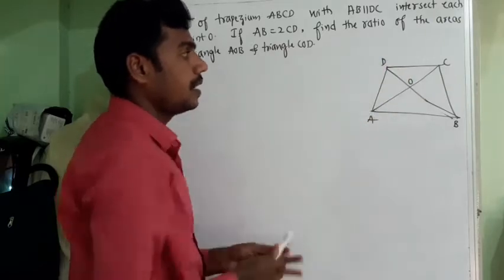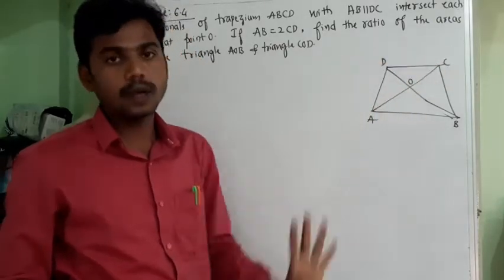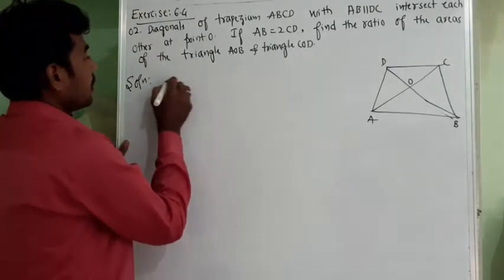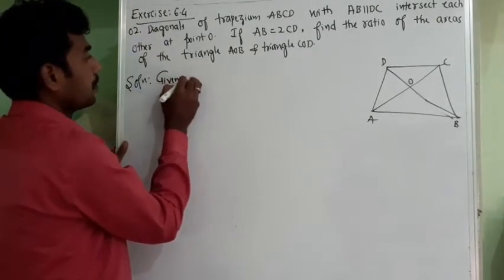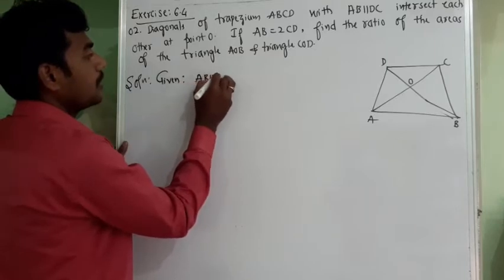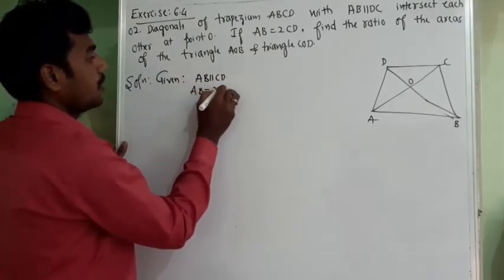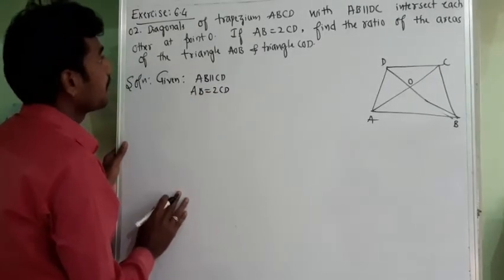The relation between AB and CD is given, that is AB is equal to 2 times CD. We'll write that down. Given: AB is parallel to CD and AB is equal to 2 times CD.